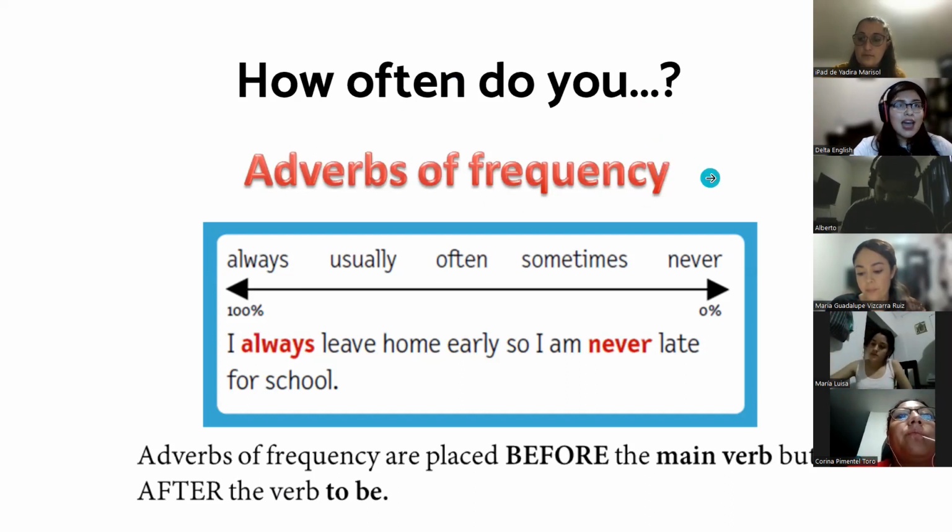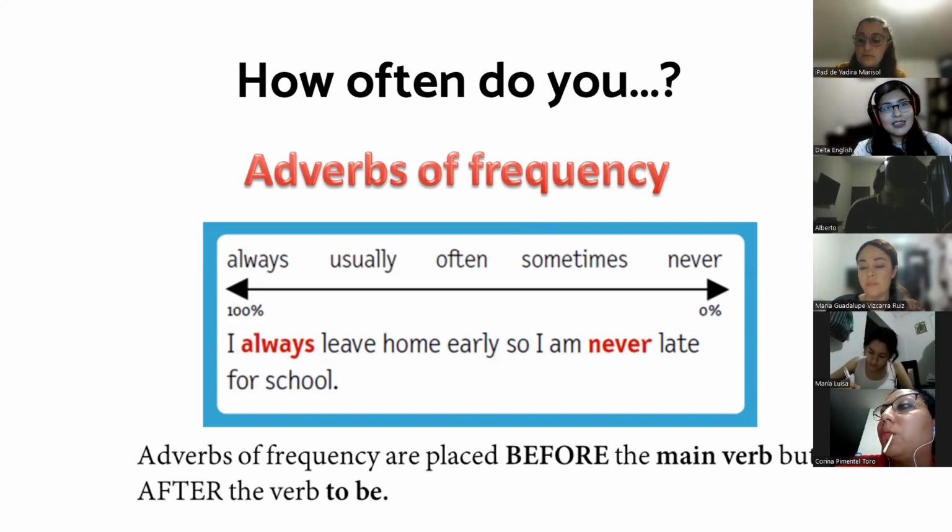something that is called adverbs of frequency. Tanto si yo estoy contestando una pregunta de qué tan seguido hago algo, como si yo simplemente estoy hablando de mi rutina, yo puedo usar adverbios, es decir, palabras que indiquen la frecuencia de algo. Si se acuerdan, cuando ustedes me contaban de su rutina, era como su rutina diaria, pero igual y hay cosas que no hacen todos los días.